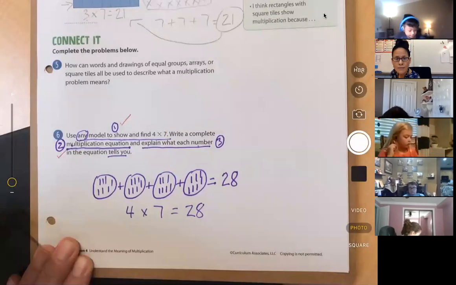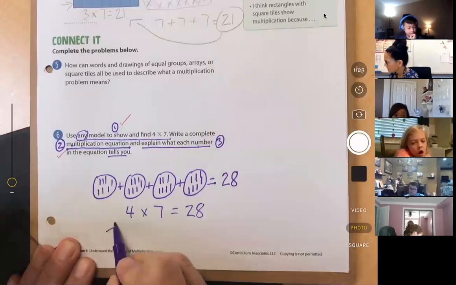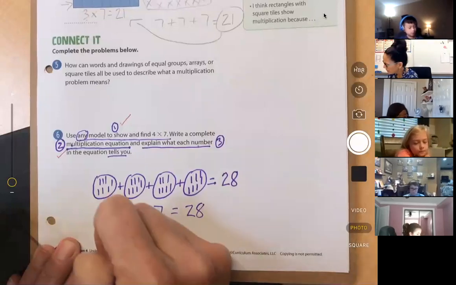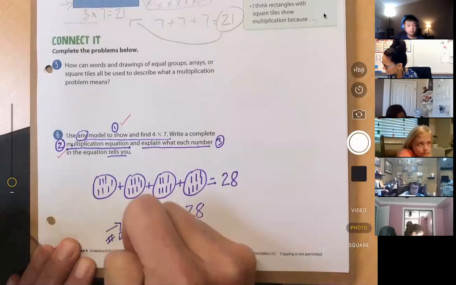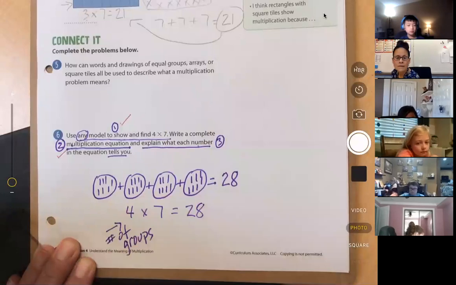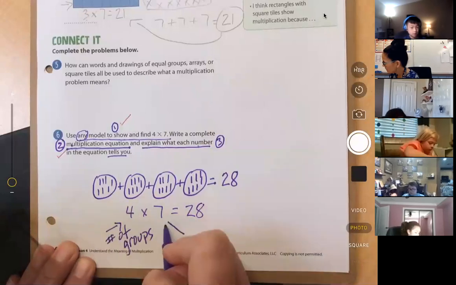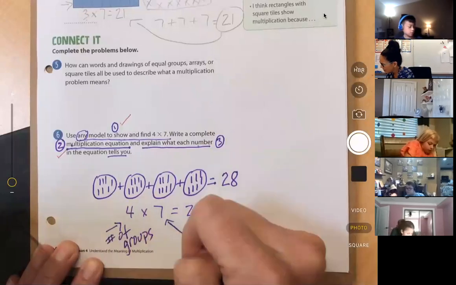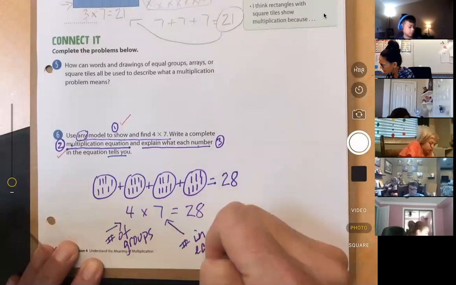Now I need to explain what each number in this equation tells me. So the 4, that is the number of groups. Awesome. That's the number of groups. 7, that is the number in each group.